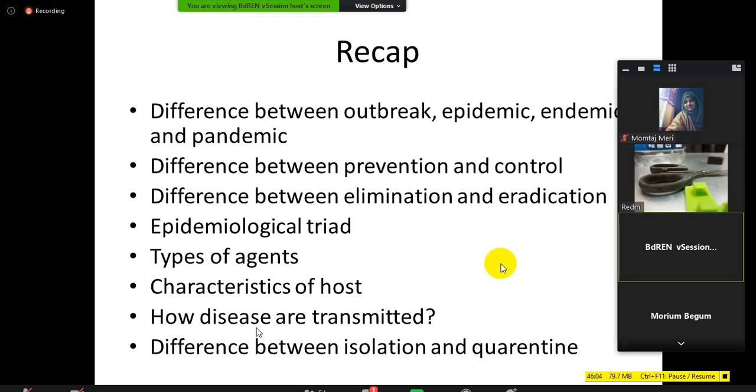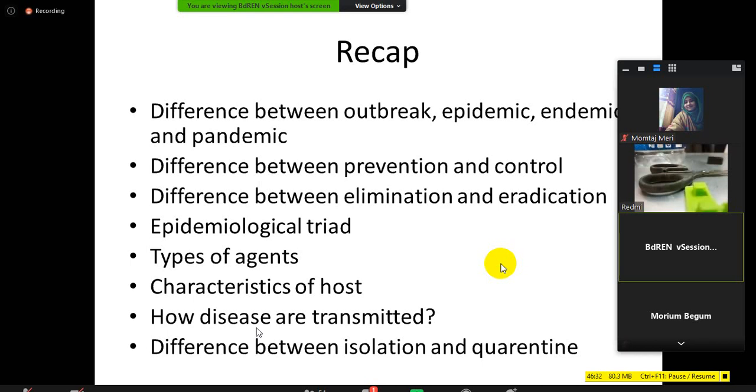Vehicle means an object that does not have life. Food is one example of a vehicle, or water is another. Even syringes, linen, utensils, coins, door handles act as vehicles for transmission of infection.